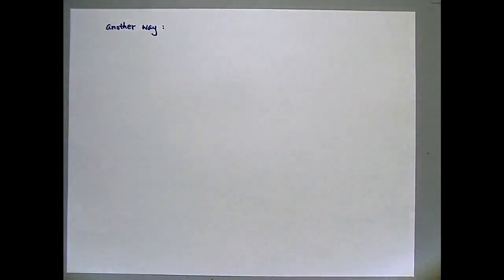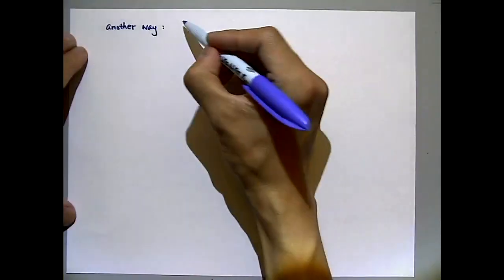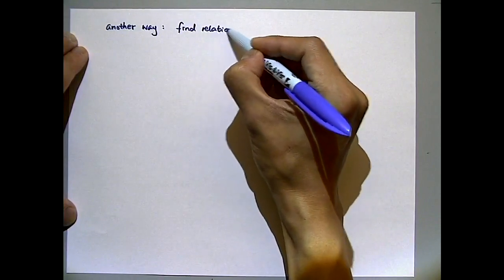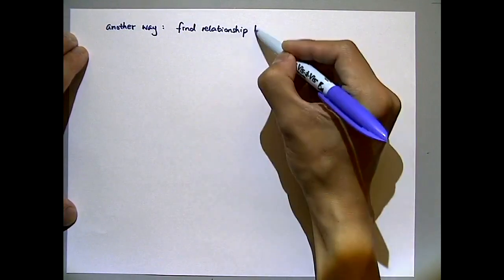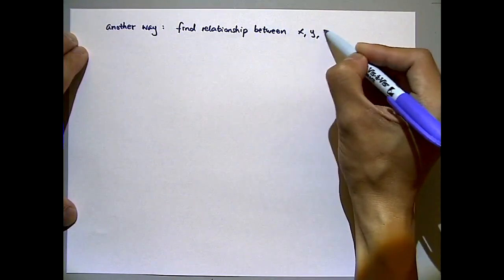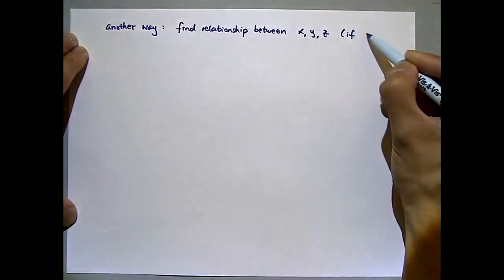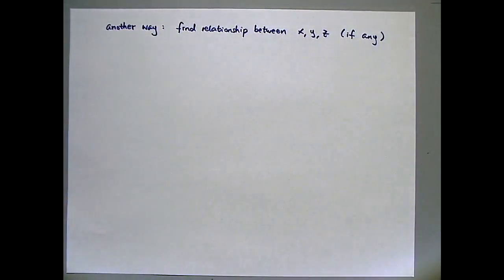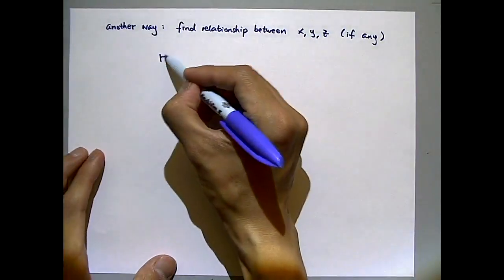Another way is to try to find out the relationship between x, y, and z, if there is any, and then use that to come up with a shape. Not always doable, but often you can find some kind of relationship.